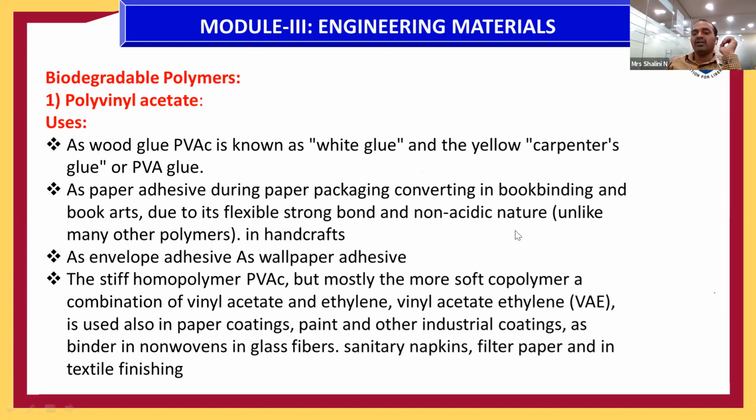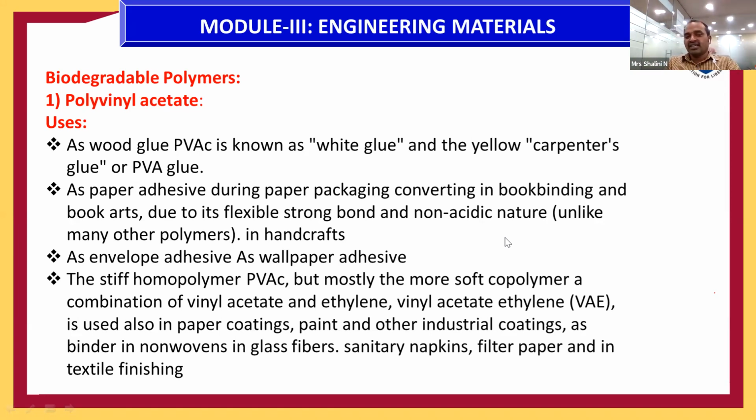The stiff homopolymer PVAc is mostly used as a softer copolymer, a combination of vinyl acetate and ethylene. Vinyl acetate ethylene is used for making paper coating, paint, and other industrial coatings, and as a binder in non-wovens, glass fibers, sanitary napkins, filter papers, and in textile finishing.